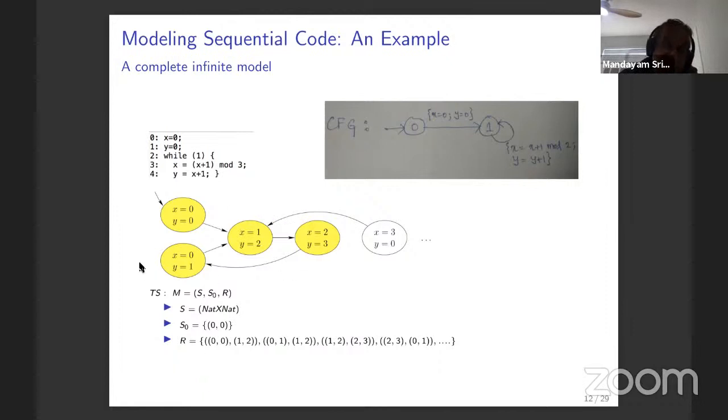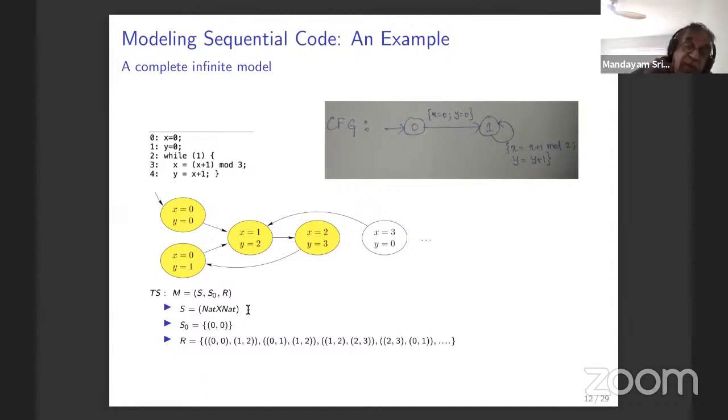The yellow states represent the reachable part, and all the others are not reachable. But since I've defined it on NAT, my transition relation has to be defined over the entire domain, the entire set of states. So although they may not be reachable, you will end up including them, and that's how you model.